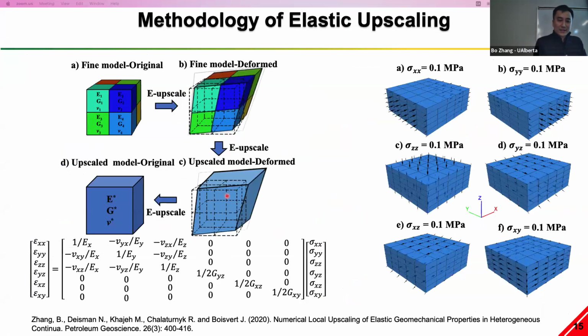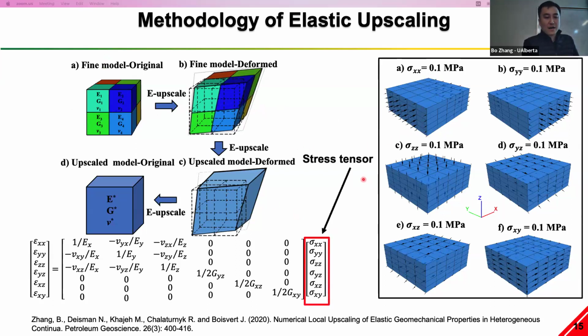So let's go back to the methodology for elastic upscaling. A lot of you who have taken 64 solid mechanics with me are already familiar with that. Basically, we have those fine-scale models at the original state before deformation. Then we start to apply different stress boundaries, and we can have those stress boundaries as input conditions.